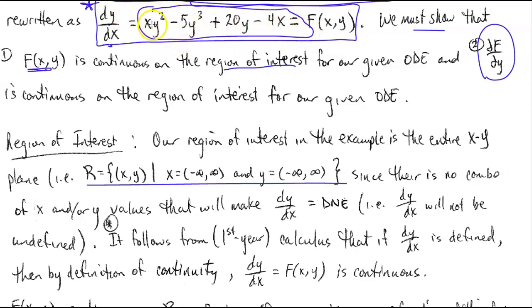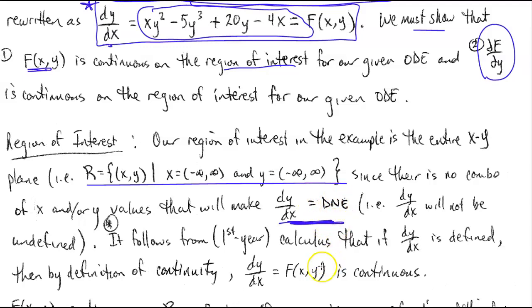So there's no combination of x values and y values of the real numbers I can plug in here where I would get something like a number divided by 0 or square root of a negative number. So I don't have any combination of x and y values where my derivative would be undefined, or does not exist, if I want to use a proper term for it.